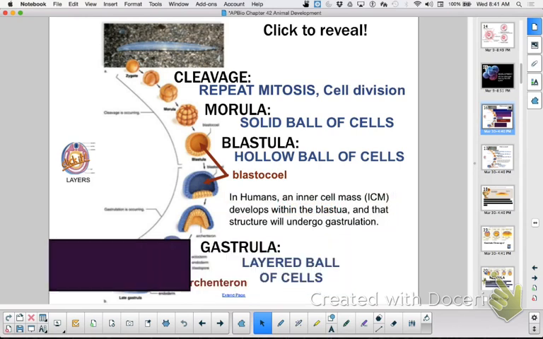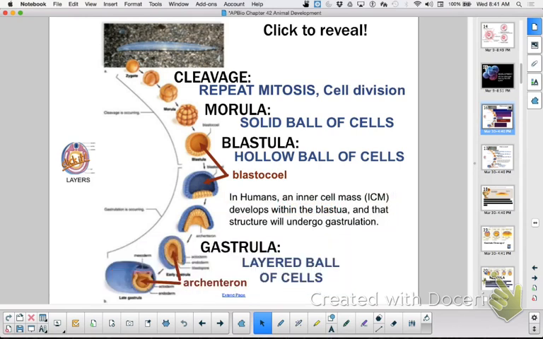There's going to be an inner cell mass in there, but inside the gastrula, this is going to be the gut tube. Your gut tube has an indoor and an outdoor. The indoor is the mouth, and the outdoor is the anus.